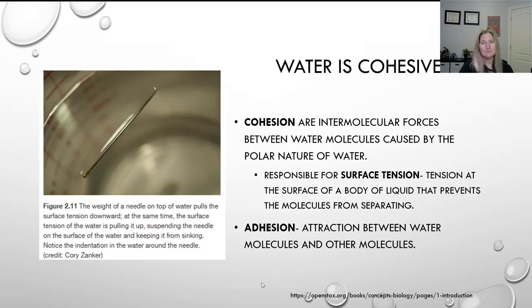Another unique property of water is that water is cohesive. What that basically means is that because of the polarity of water molecules, they're going to be attracted to each other.